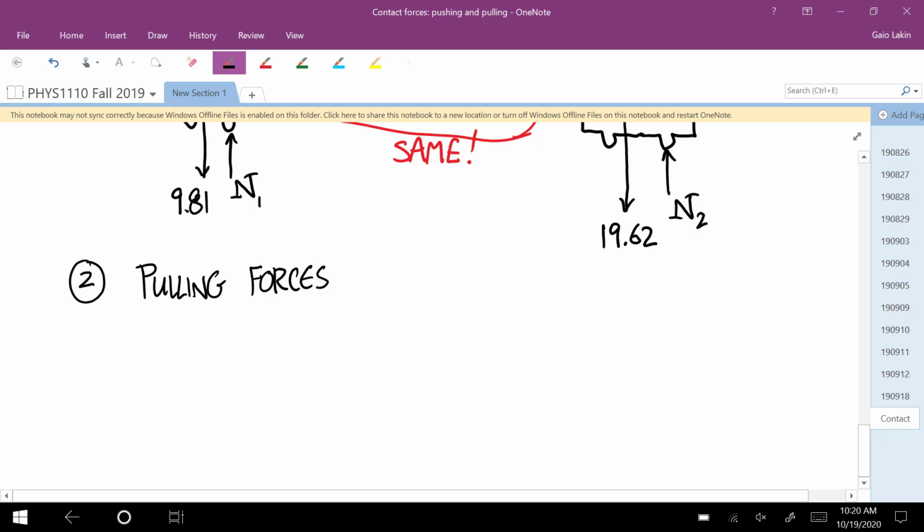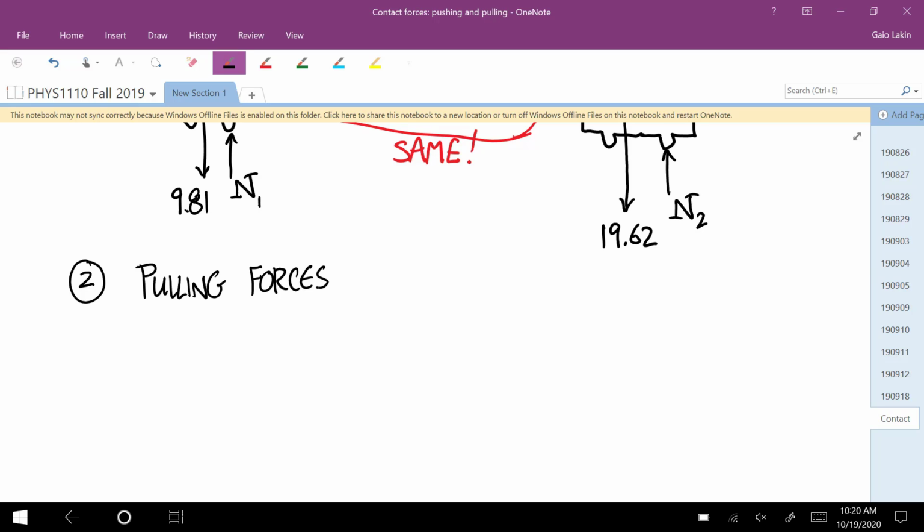And pulling forces, they don't have to happen through a cable, but a pulling force could always be replaced by a cable contact. And that's really, I think, a nice way to think about it. Think about a contact force between two objects. What would happen if you replaced that with a string, like an infinitely strong string? Would the force still be able to act, or would it just scrunch the string up and the force would disappear?